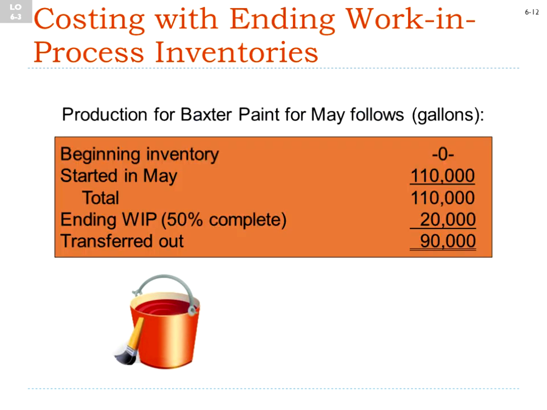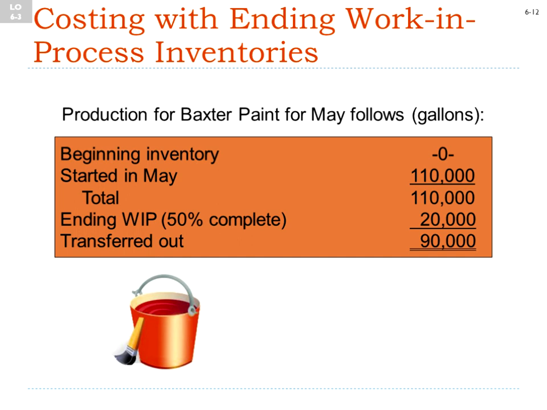So now the book throws an extra wrinkle at us to consider. On the prior slide, remember, Baxter Paint had created 100,000 gallons of paint, and those gallons were started in April and finished in April, so it was very easy to account for all of that paint.